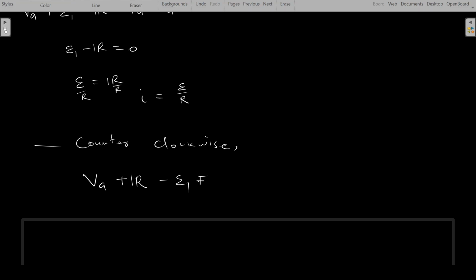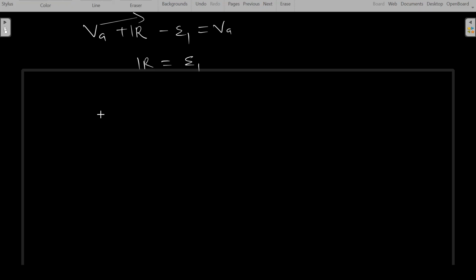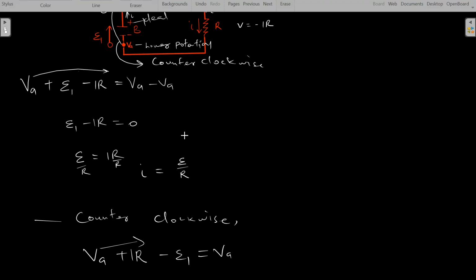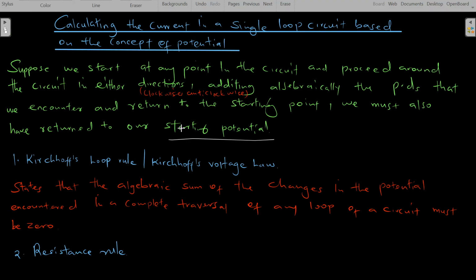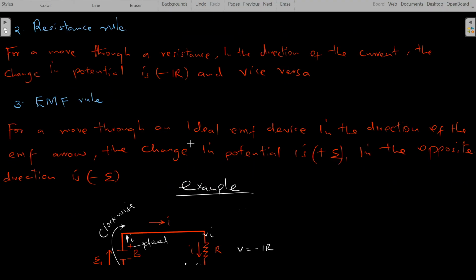It should equal VA, the starting potential. If we transpose this, we'll get IR equals E1, so the current is E1 divided by R. As you can see, going either direction, as the statement says, we should get the same answer.